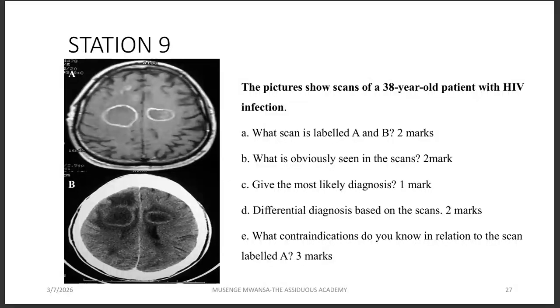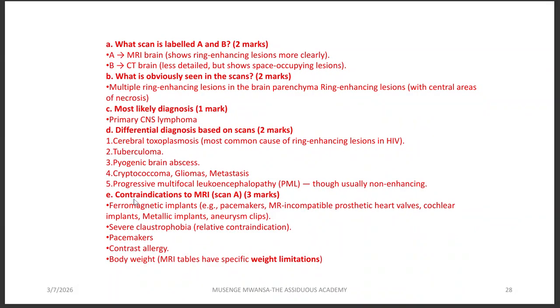What contraindications do you know in relation to the scan labeled A? So for MRI, you have some contraindications. You don't do it if someone has ferromagnetic implants, like implants that can attract iron: pacemakers, MRI-incompatible prosthetic heart valves, cochlear implants, metallic implants, aneurysm clips.